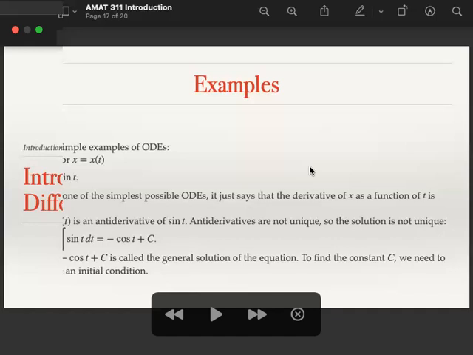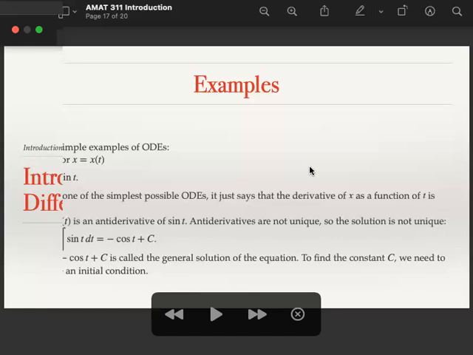Minus cosine t minus pi is a valid solution. Minus cosine t minus the square root of 2 is a valid solution. So the equation has an infinity of valid solutions, and they are all antiderivatives of sine of t. And we have solved the equation.